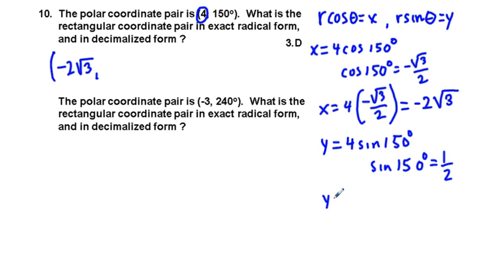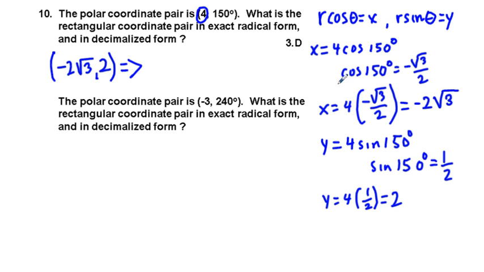So y is equal to 4 times 1/2, and 1/2 of 4 is equal to 2. So our y-coordinate in rectangular form is 2. And then in decimalized form, we're going to have to work this negative 2 square root of 3 out.